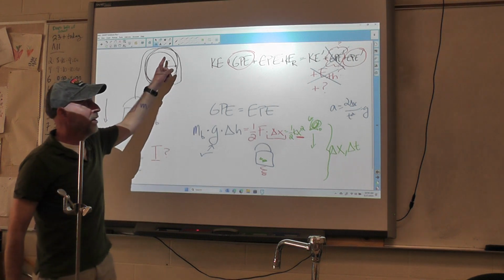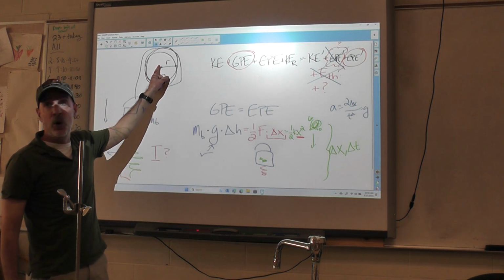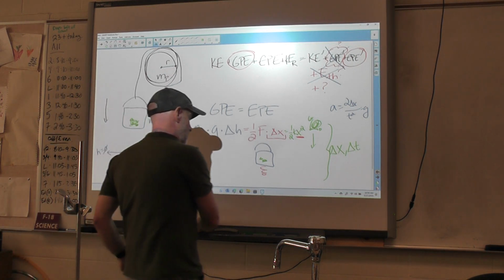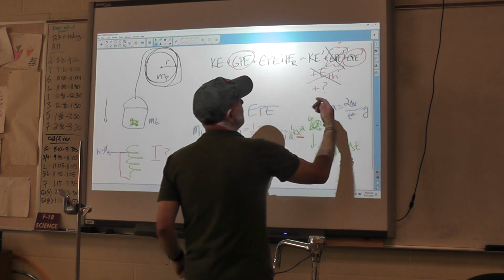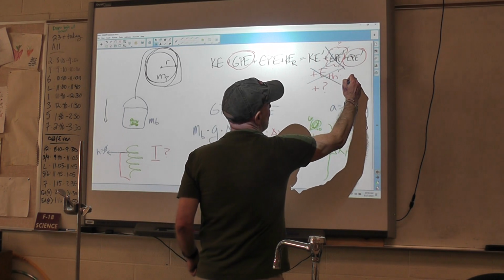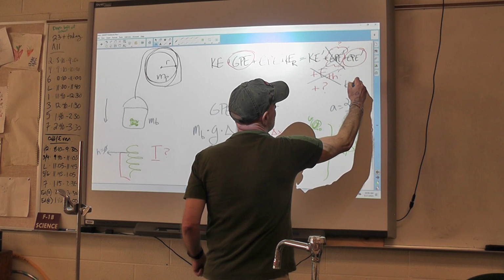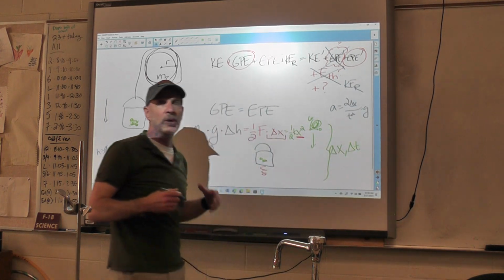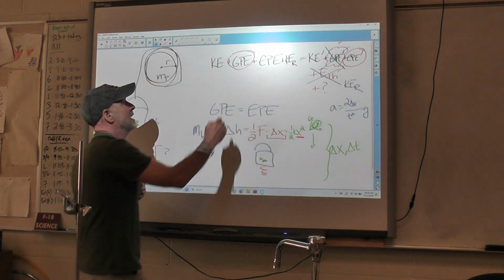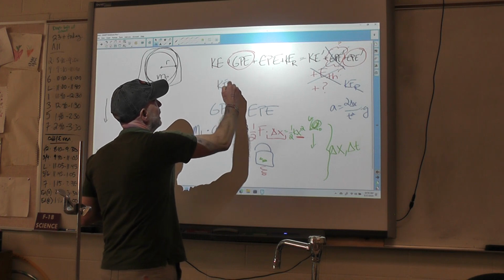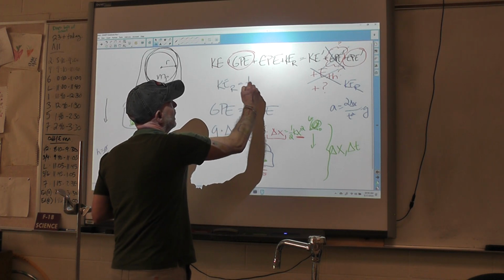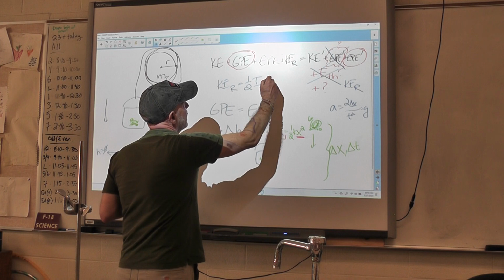At the start of this thing's motion, there's no energy stored in rotational motion. At the end, there is going to be kinetic energy stored in the rotation of that disk. And it turns out angular kinetic energy is equal to 1/2 I omega squared.